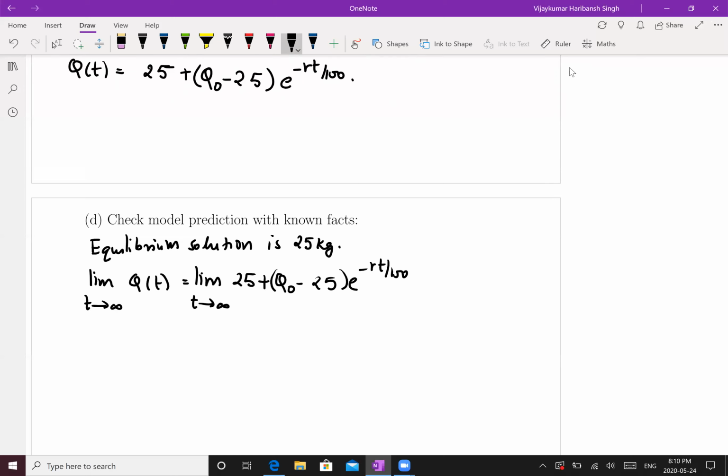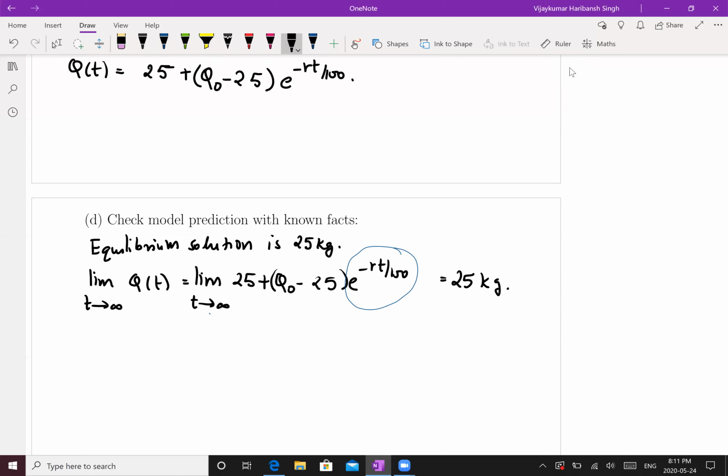Because of this term, as t goes to infinity, it will go to 0. Multiplication of 0 with Q naught minus 25 will also make it 0. So the limit is indeed 25 kilograms, which matches the idea that the equilibrium solution is 25.